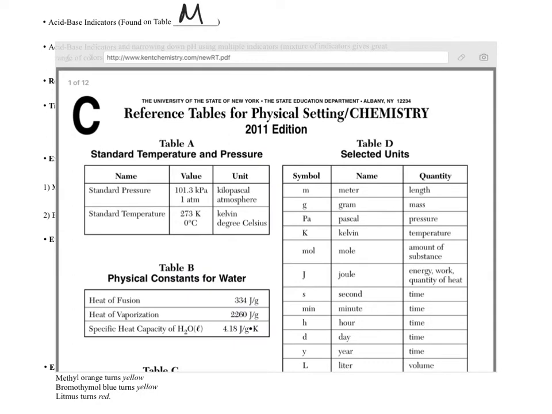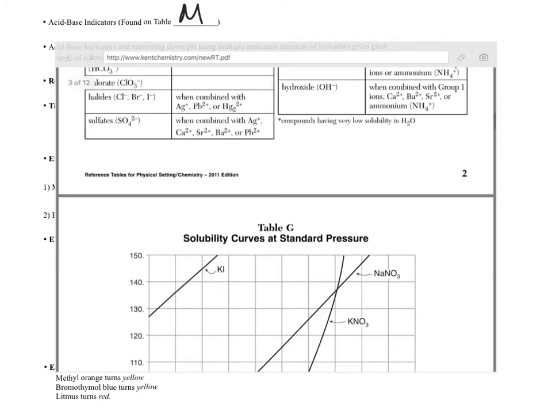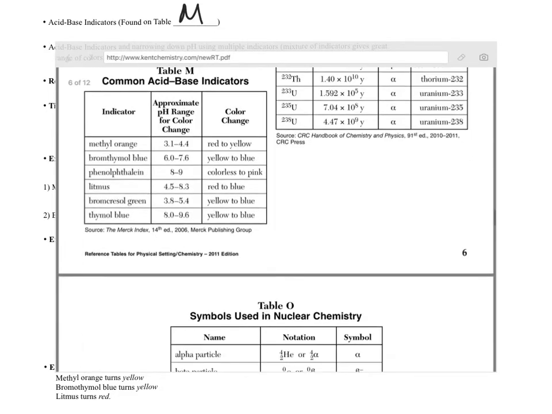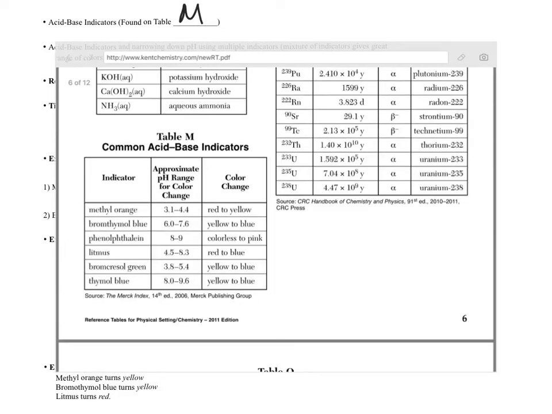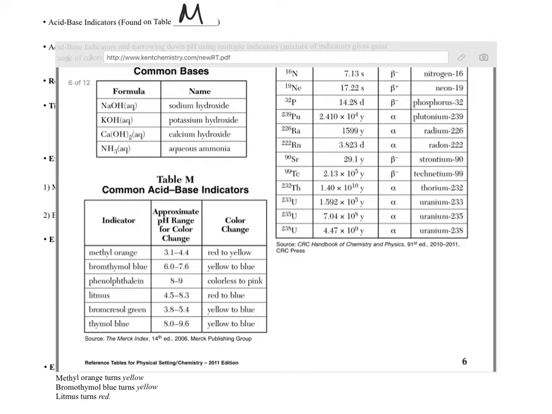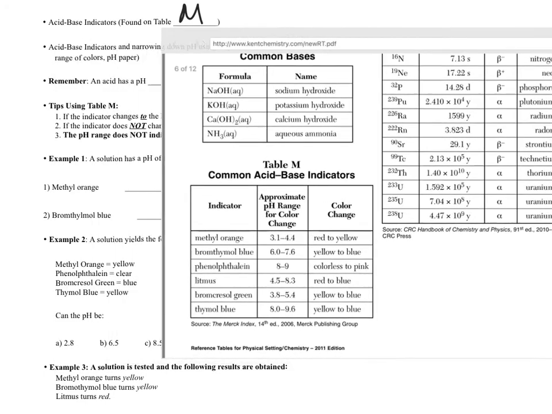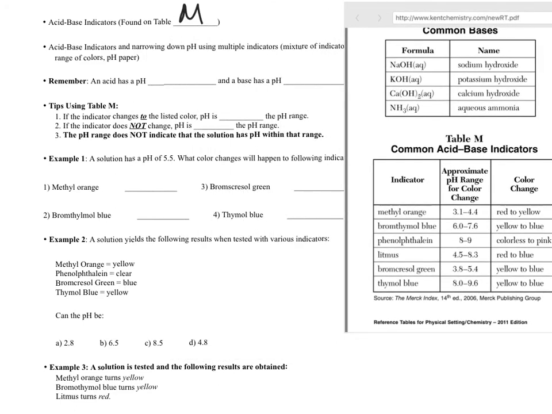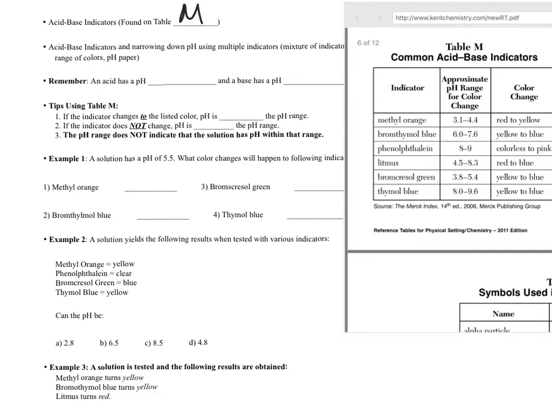Oh, there we go. Okay, so these are reference tables. We're going to be working with table M, which is right here. I'm just going to move this window right over here.